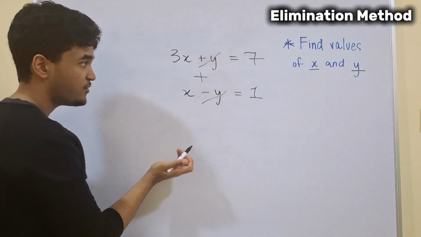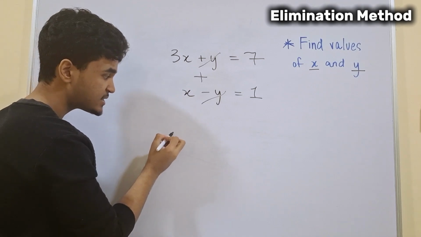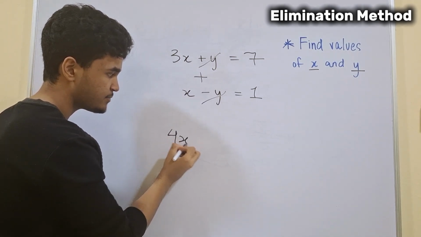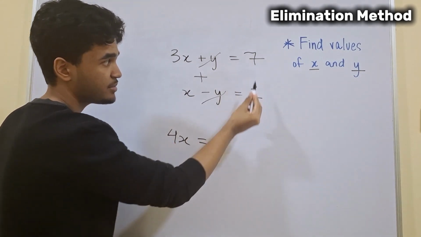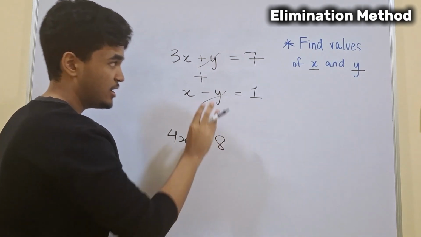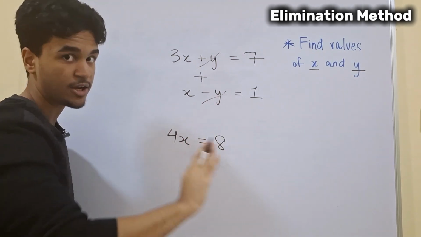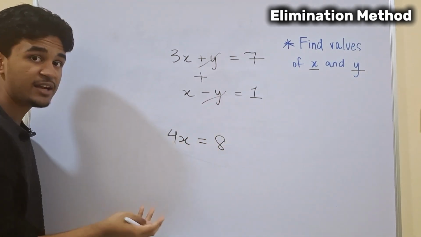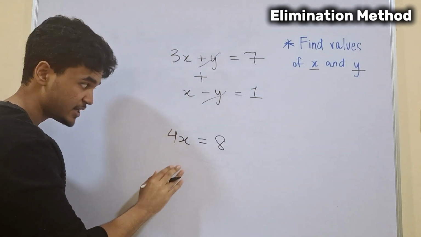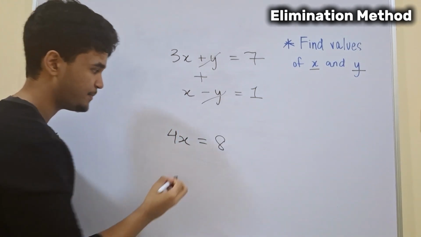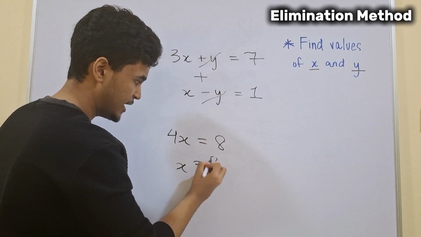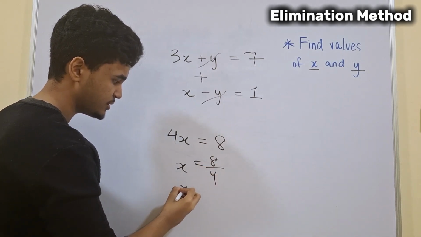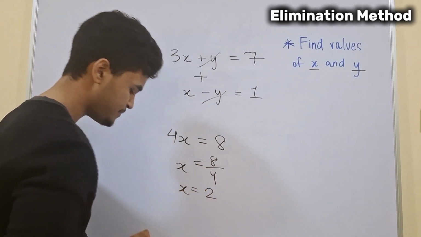So what you're going to be left with is 3x plus x, which is 4x, equals to 7 plus 1, which is 8. We don't take y as a factor because it got cancelled out. So with that, we can find the value of x easily. So x is going to be what? 8 over 4. So that is 2, right?